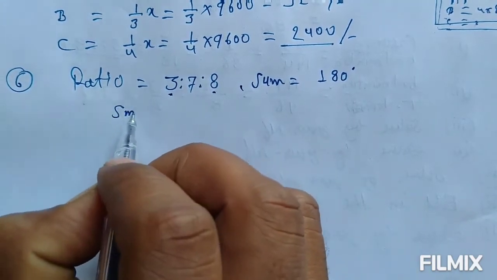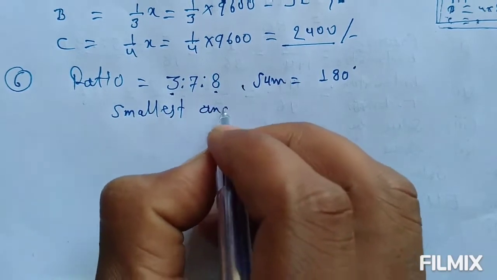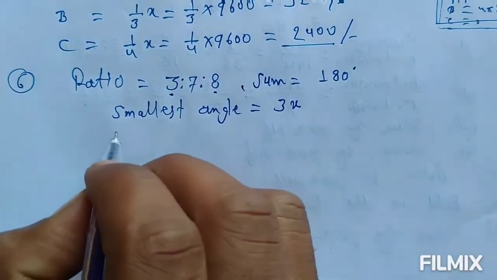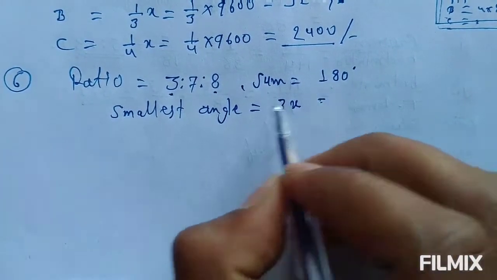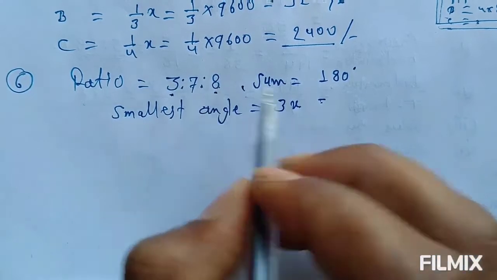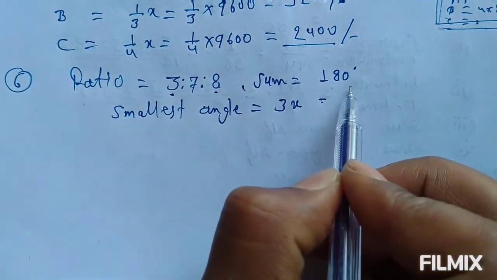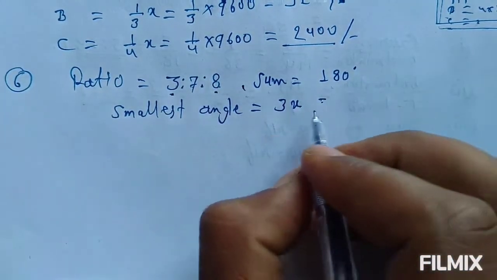So the smallest angle is 3x. First of all add the numbers, that will be 3, 10, 18. Find out the value of x.